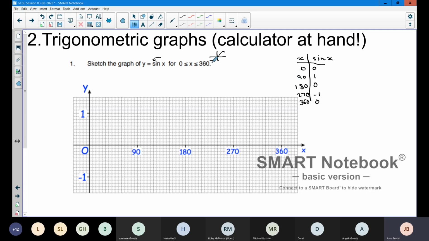This is quite handy because you know that it's going to start like that and then go like this, reaching 1 and then having to go down. So 180 is 0, and you can always check this very quickly with your calculator. 270 is -1, and at 360 it is 0.